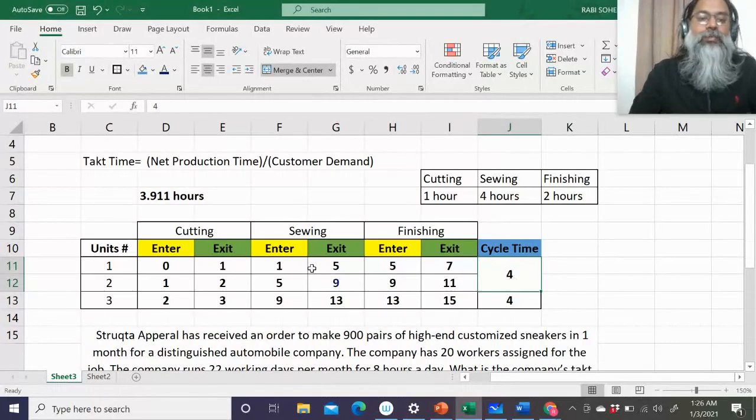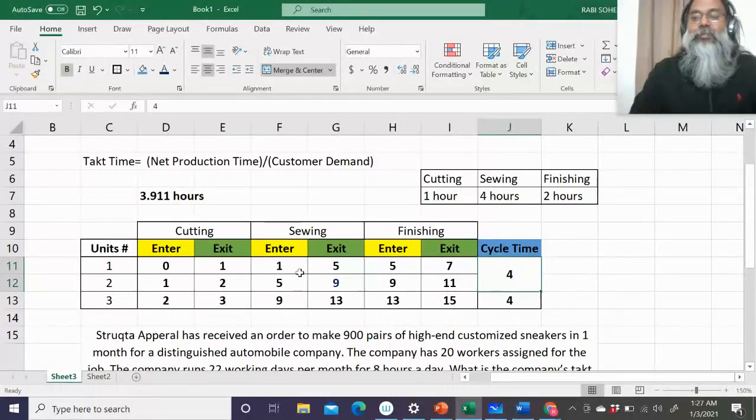So Strukta can come up with some sort of changes here. They can add an additional worker maybe, or if they divide the sewing process into two tasks, then maybe it would be possible for them to finish the order in time too.